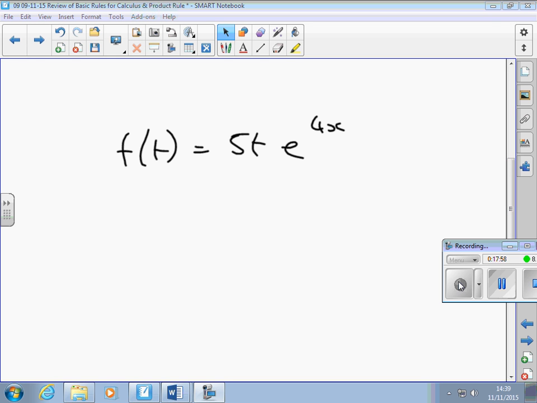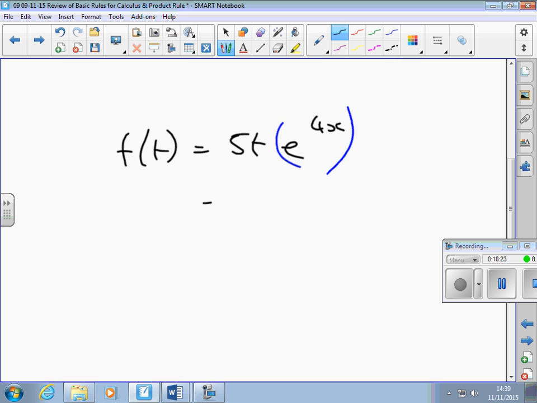So what about this one? Do I need the product rule for that one? How many times does t appear? Once. This time, the variable is t. It only appears once. This is a constant. So effectively, what I've got is a constant e to the 4x times 5. So that's like 5e to the 4x times t.